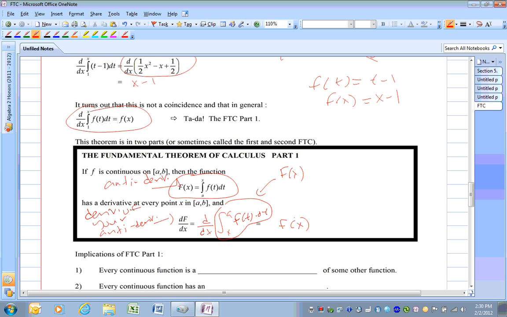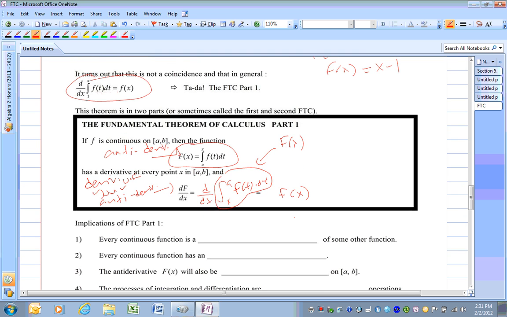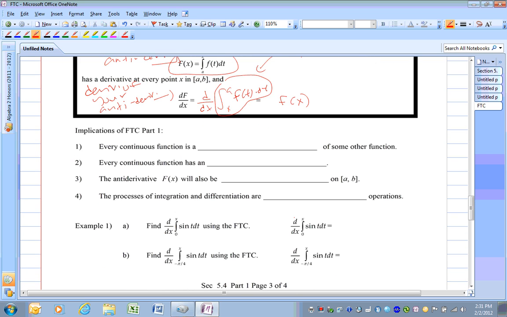And I think we could probably finish this off really quick here. So here's the thing. Every continuous function is always a derivative of some other function. And vice versa, every continuous function also has an antiderivative. The antiderivative will also be continuous on that interval.